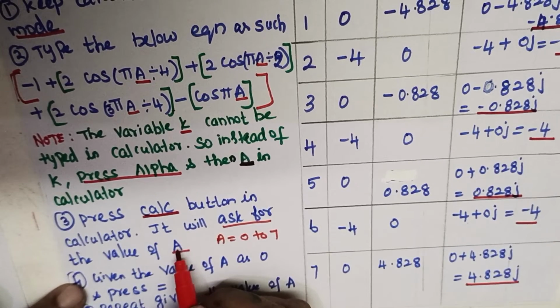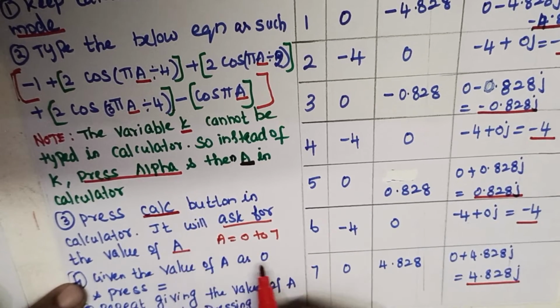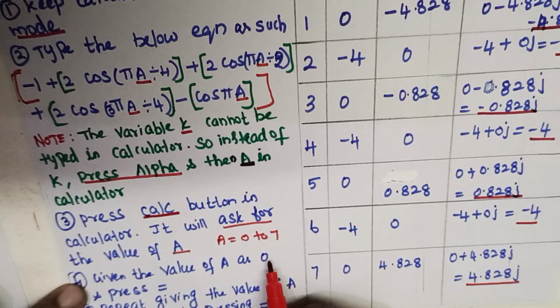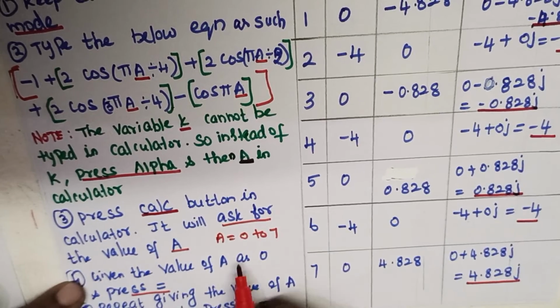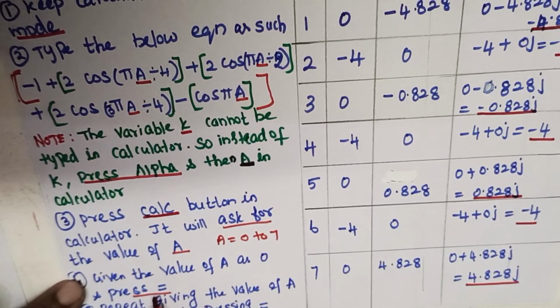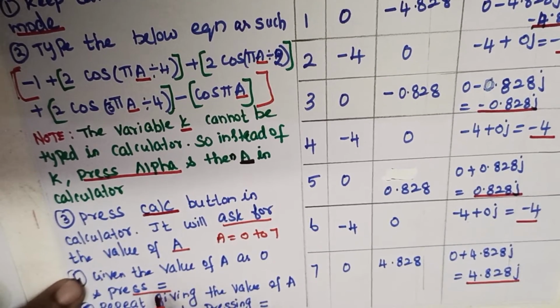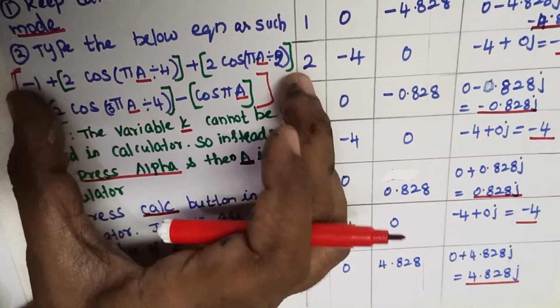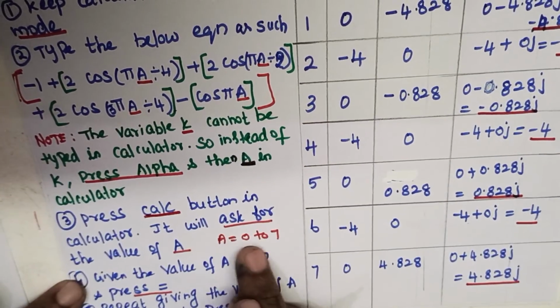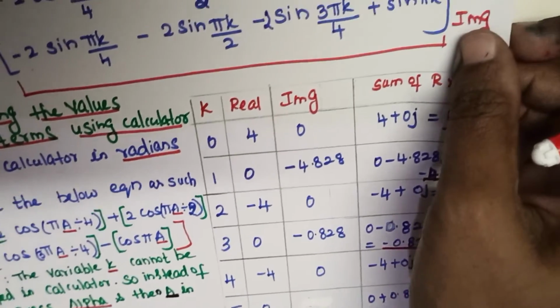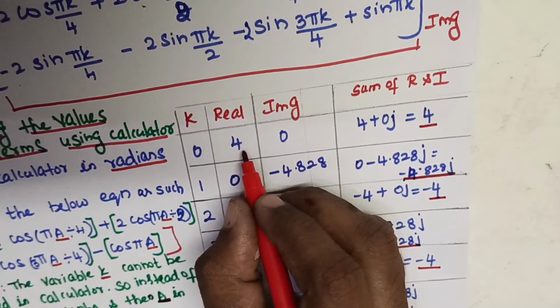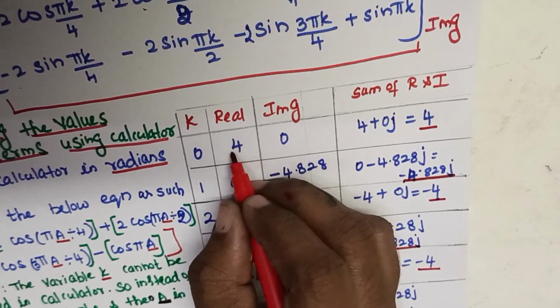Now, once the calculator asks for the value of A, you type 0. Starting from 0 you have to type. Initially you give 0 and press equal to. Once you type 0 and press equal to, this calculator will give the real term value for A is equal to 0. And you can make a note of this value for K is equal to 0 in the real column.